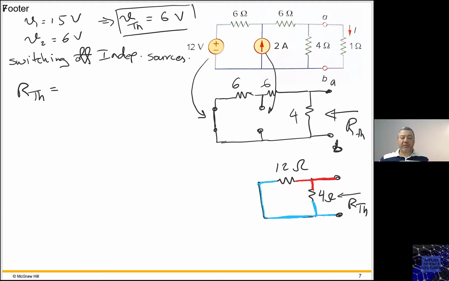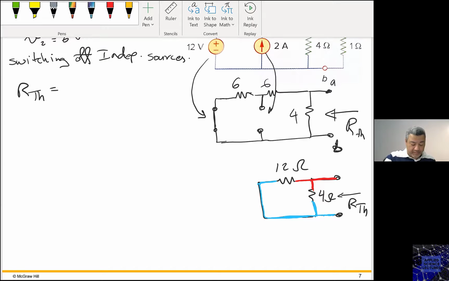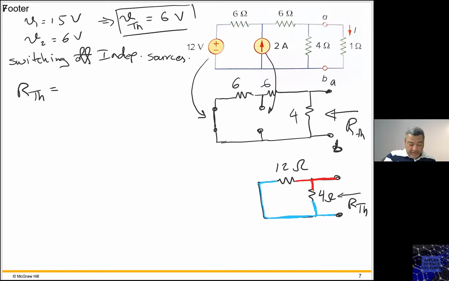Keep in mind, right now I'm only finding the equivalent resistance. If I put a voltage source or a current, yes, the current is going to be split into those two resistors. So here I have now 12 in parallel with 4.